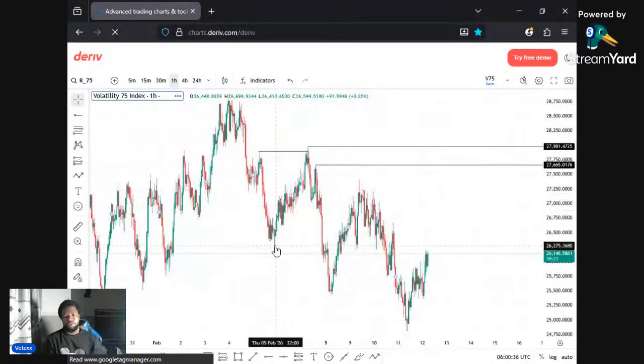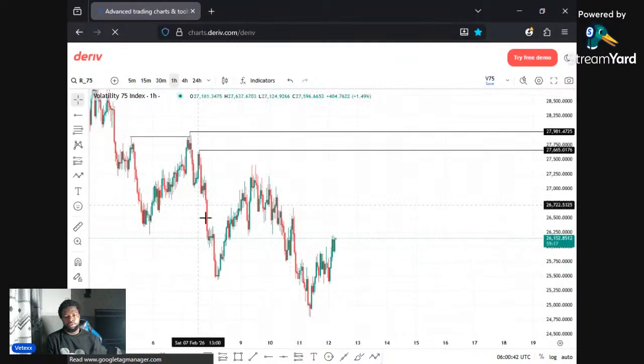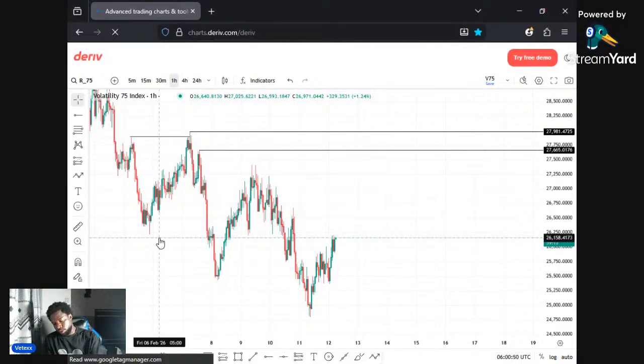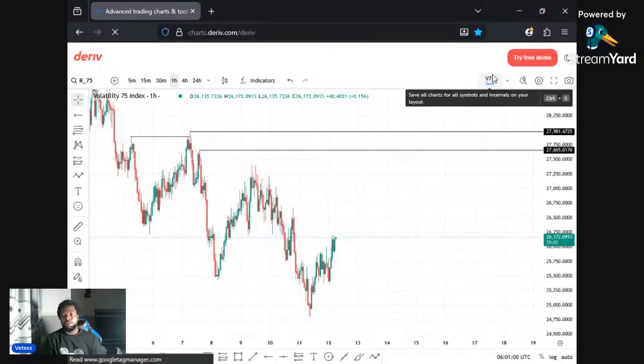So this is actually type B on the higher time frame, but it doesn't matter. So we're anticipating this sell. So I'm going to be adding it. V75 sell. Okay, so now what is the next pair we're anticipating?